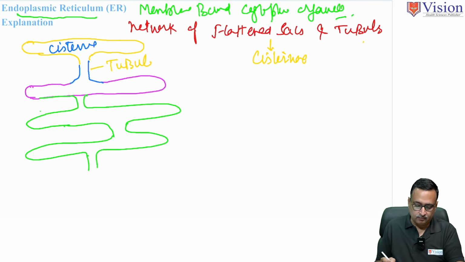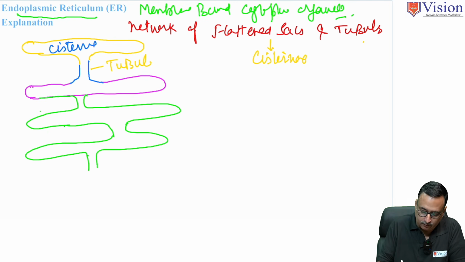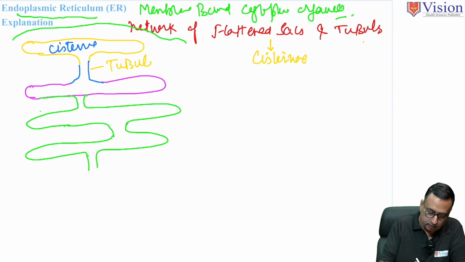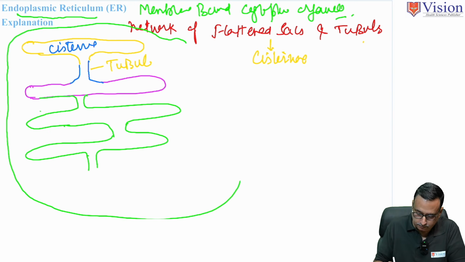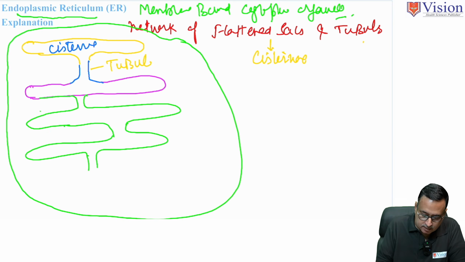In this way. Again, endoplasmic reticulum is an interconnection between cell membrane and nuclear membrane. If I draw over here a boundary of a cell, this is the cell membrane because phospholipid molecules are over here.